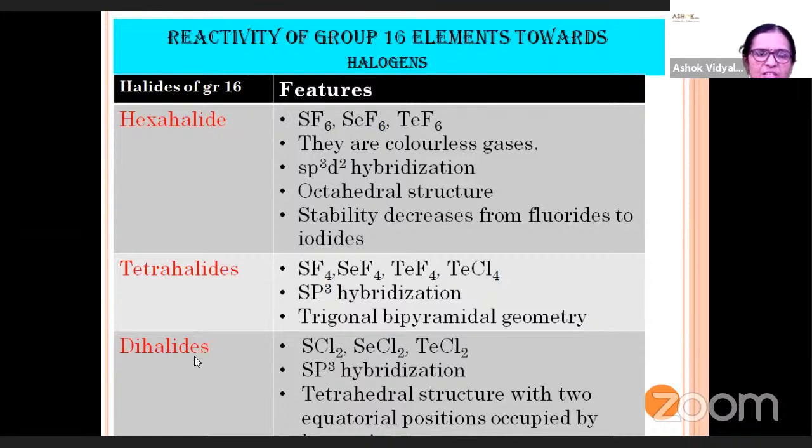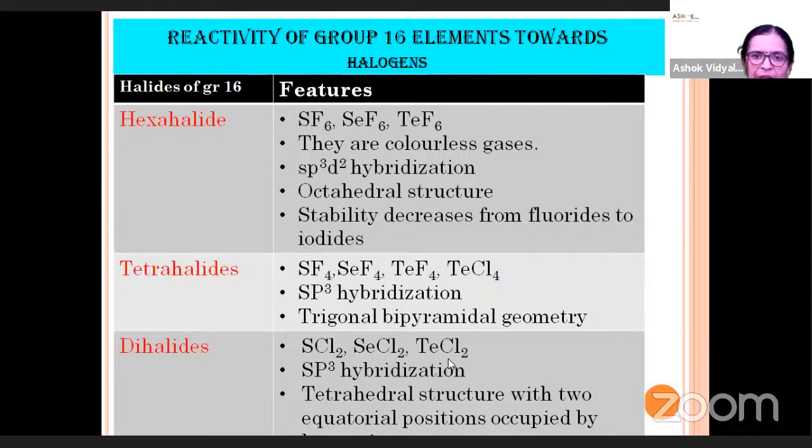These group 16 elements, when they react with 2 halogen atoms at a time, form dihalides, means 2 chlorine atoms react with sulfur to form SCl2, sulfur dichloride SCl2. Selenium also reacts with 2 atoms of chlorine or a single molecule of chlorine to form selenium dichloride.